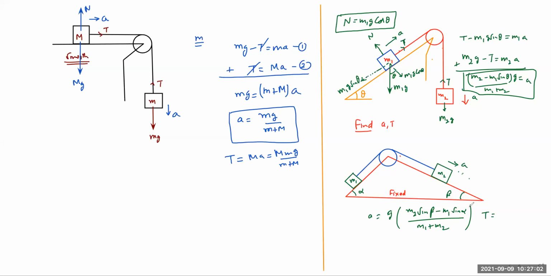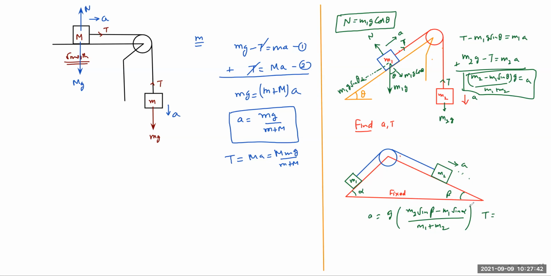Yes, please. Sir, my T equals (m2 m1 sin alpha minus m2 square sin beta) by (m1 plus m2) plus m2g sin beta. No, my A was the same, like what is written there. It is very weird because in the denominator there is no angle term, only the sum of masses. So in the denominator you must have only m1 plus m2.